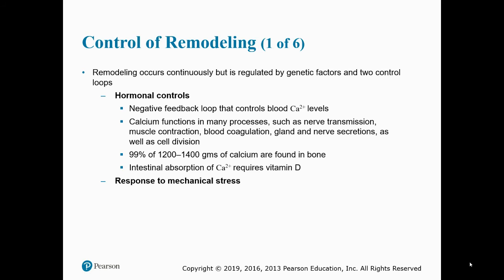Well, it's because we need that calcium. That calcium has a tremendous amount of function in the body. Everything from nervous signal transmission to muscle contractions to the ability to clot blood all arises because of the level of calcium within our blood and the use of that calcium.